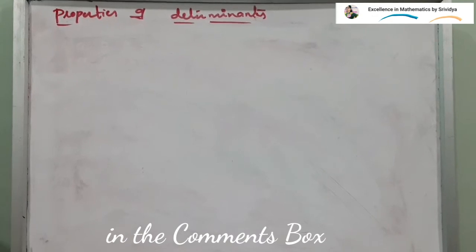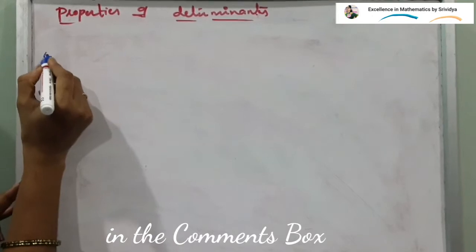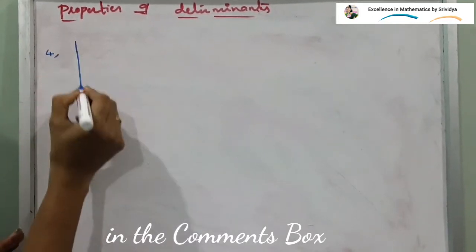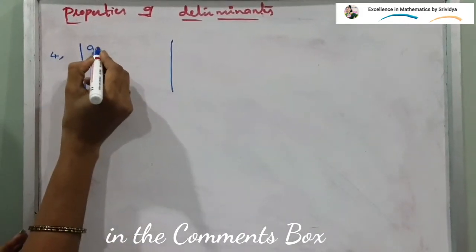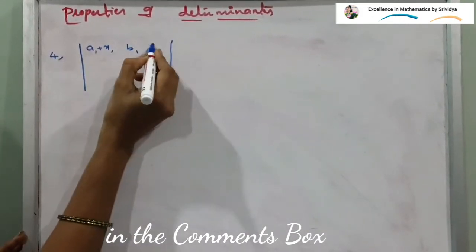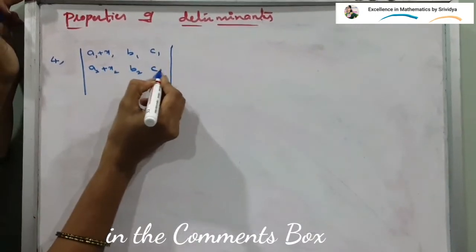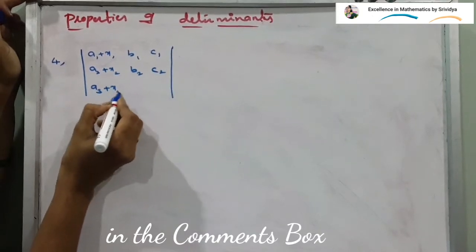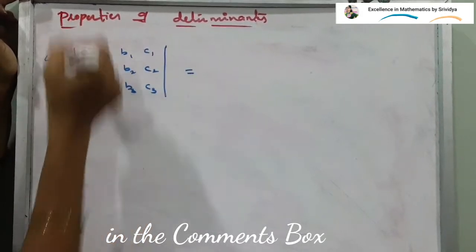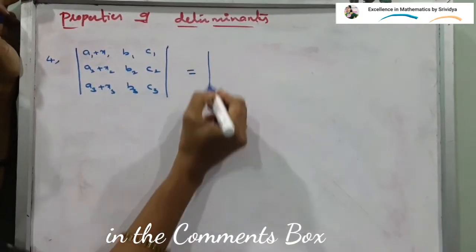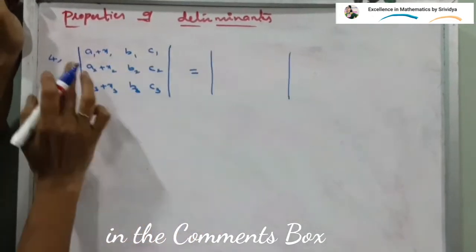Fourth one is, if each element in a row or column is the sum of two numbers, that means A1 plus X1, B1, C1, A2 plus X2, B2, C2, A3 plus X3, B3, C3, then that determinant can be expressed as the sum of determinants of two matrices.